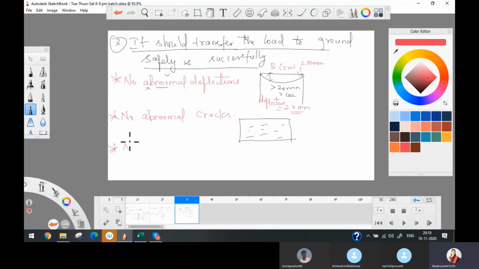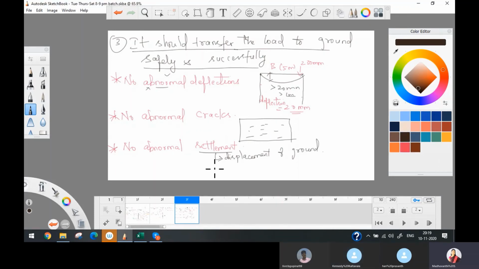Third thing is there should not be any abnormal settlement. Settlement is generally the displacement of ground, right? So why does settlement happen?